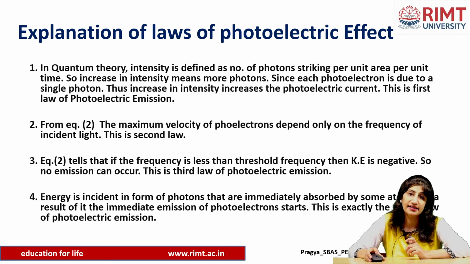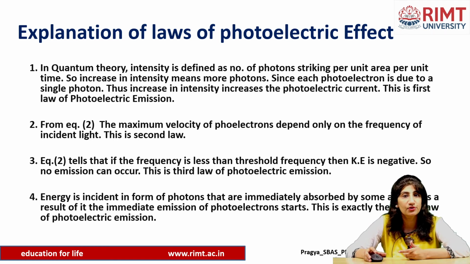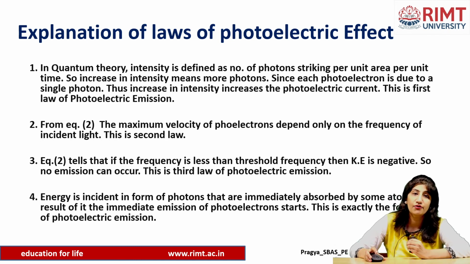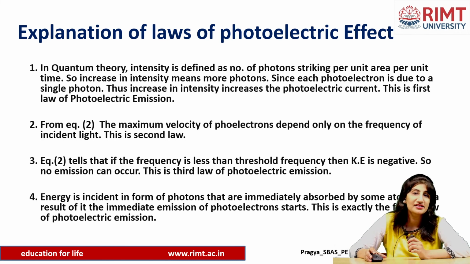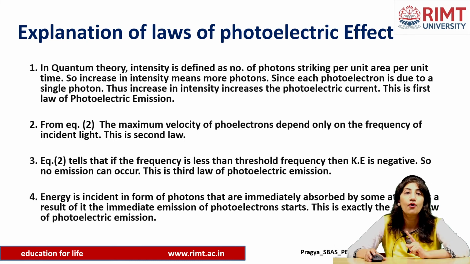Now, as Einstein assumed that one photon will emit one electron, with the increase in the number of photons, the number of photoelectrons emitted will also increase. Thus, an increase in intensity of light increases the number of photons and hence the electrons, which therefore increases the photoelectric current. This is in agreement with the first law of photoelectric emission, that intensity increases linearly with the current.